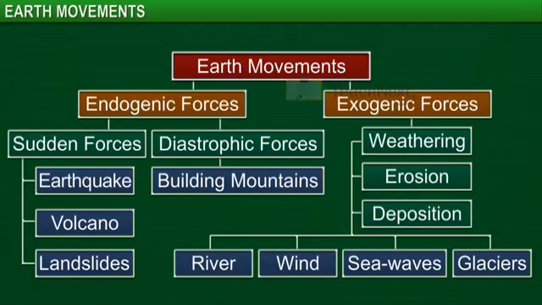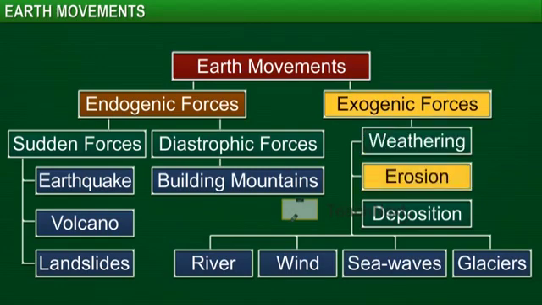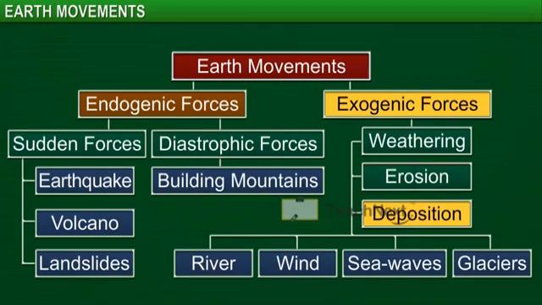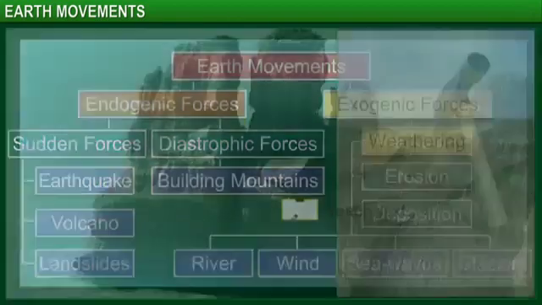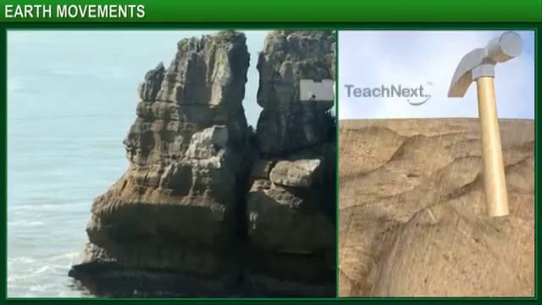As mentioned earlier, apart from endogenic forces, there are exogenic forces that act on the Earth's surface. Exogenic forces can take the form of weathering, erosion, and deposition. Weathering is the breaking of rocks on the Earth's surface by different agents.